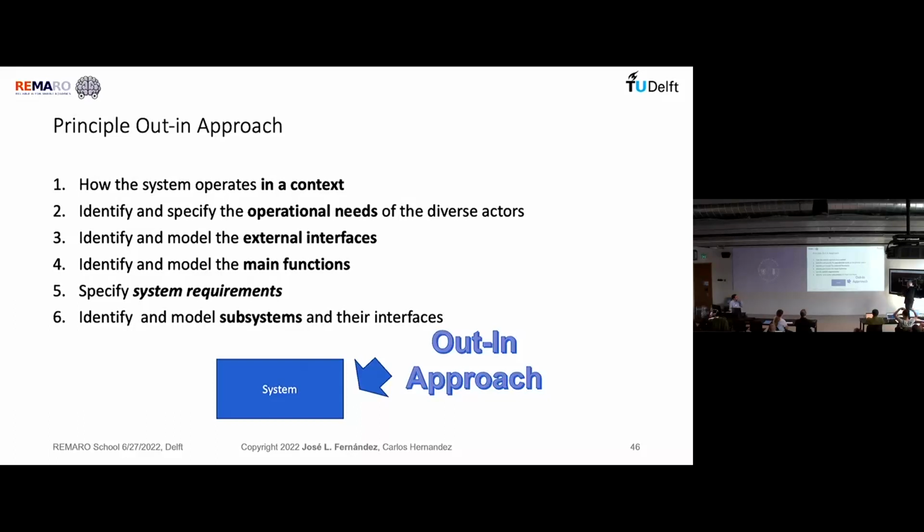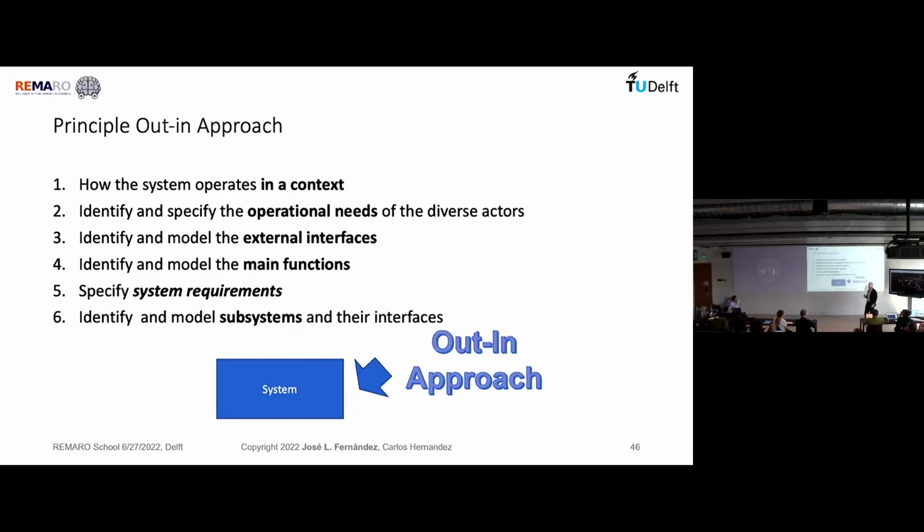Identify the functionalities of the system. Specify requirements based on the functionalities and quality attributes. Identify subsystems and their interfaces. So this is the approach: from out, in.